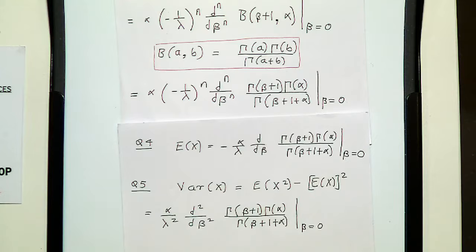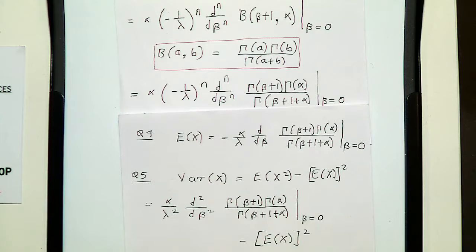And then you take away the square of the mean, which we already worked out. So that completes part 4 and part 5 of sheet 4.